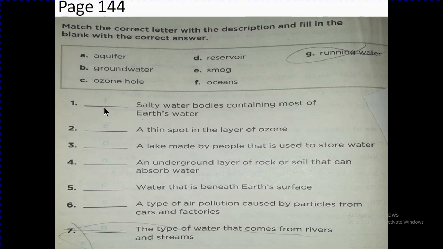So we know that this is the ocean. Then option number C. In number 3, your answer is D. After that, number 4 is A, and number 5 is B. Number 6 is E, and number 7 is G, running water. So these are all the options and their answers. You can match the best option with the correct answer.